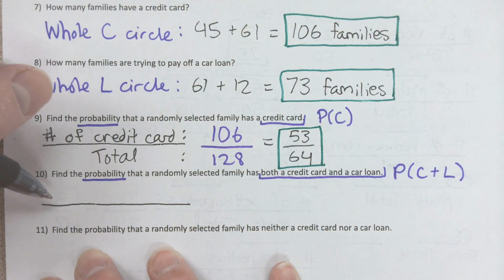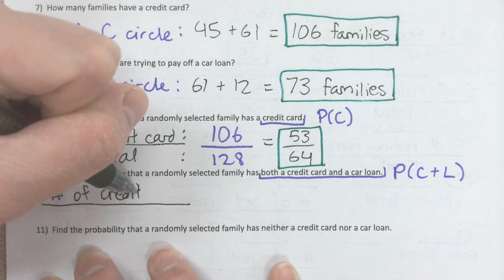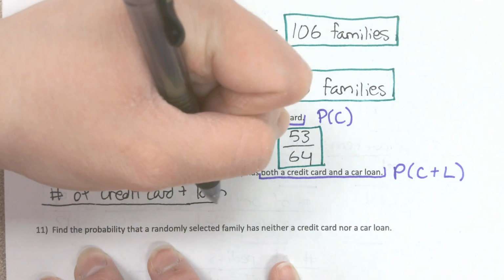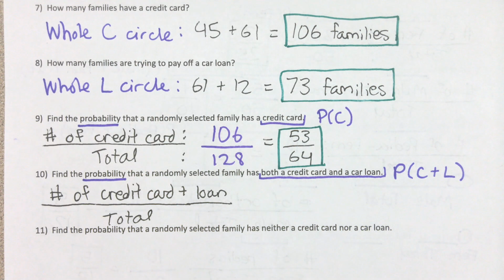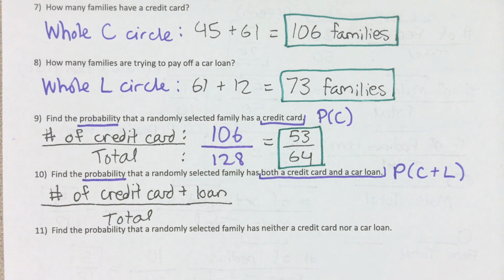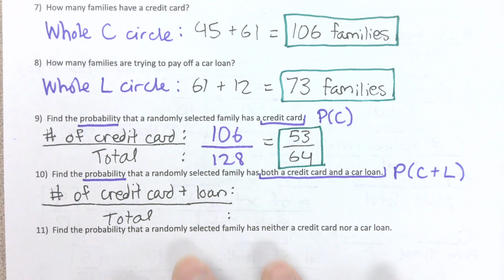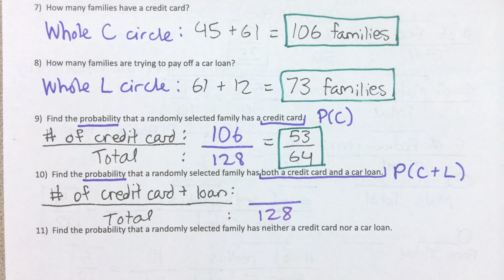So on the top, we want the number of credit card and loan. We want both. Again, over the total, nothing specific here. Out of the total, out of the 128 families, not a trick question at all.